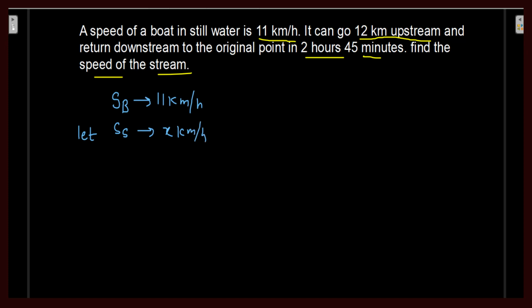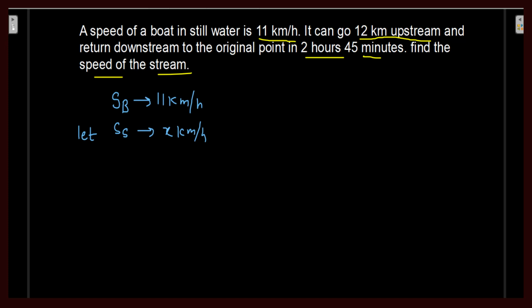Remember one thing, that when we go downstream, the speed of the boat increases because the speed of the stream is added to the speed of the boat, and when we go upstream, the speed of the boat decreases because the speed of the stream opposes the speed of the boat, and therefore it becomes 11 minus x.